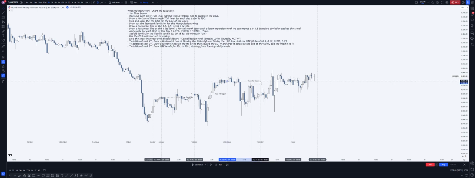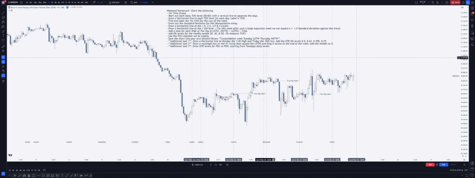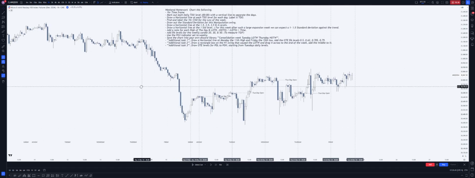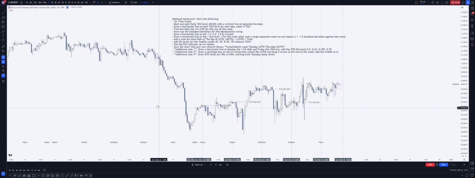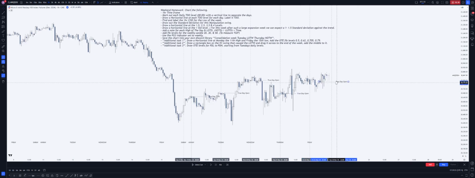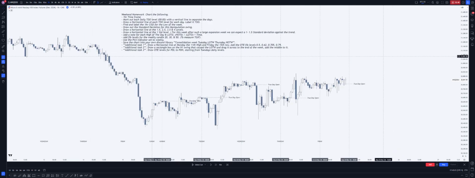Makes it a little bit faster. As we can see, consolidation weeks have a few more swings in them rather than these smooth, low resistance runs. And we'll just move that to the side so it's a bit easier to see.